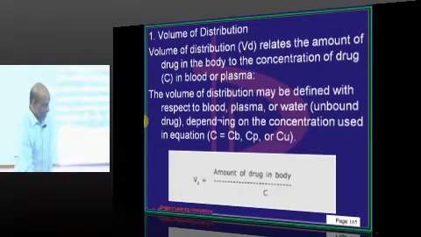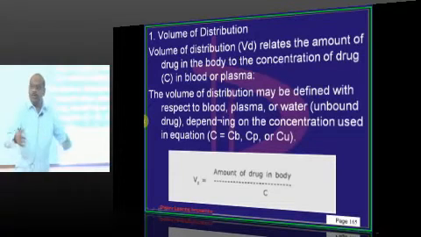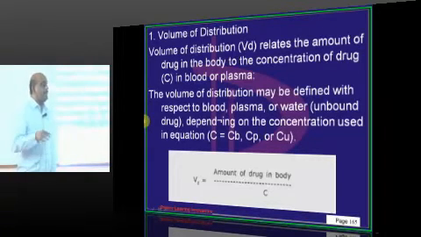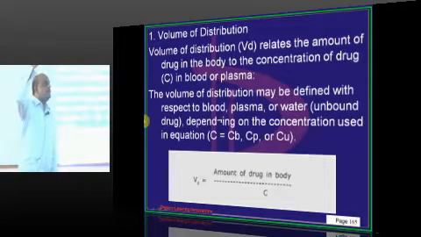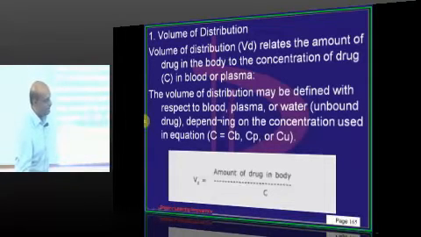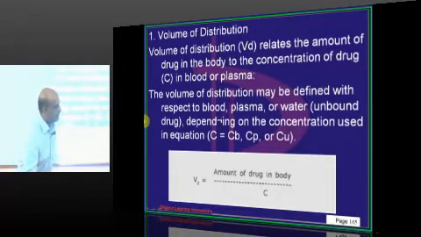Plasma concentration will fall down. But when it goes into the various tissues, its volume of distribution is high. When the volume of distribution is high, what happens to plasma concentration? It becomes low. So volume of distribution is inversely proportional to plasma concentration. Got me?